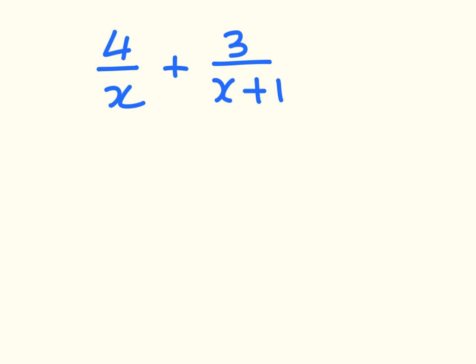So, example of that, let's do 4 over x add 3 over x plus 1. Okay, first thing we do is we get the new bottom number by timesing them together. So that's x times x add 1. Just leave it like that. Don't remove the brackets, leave it like that.